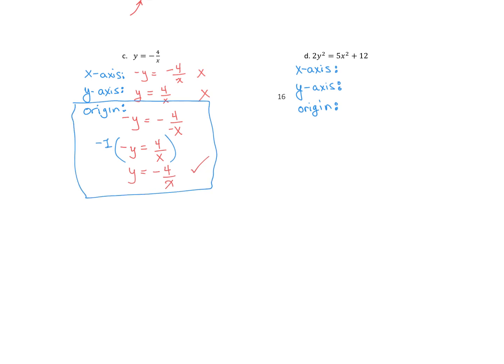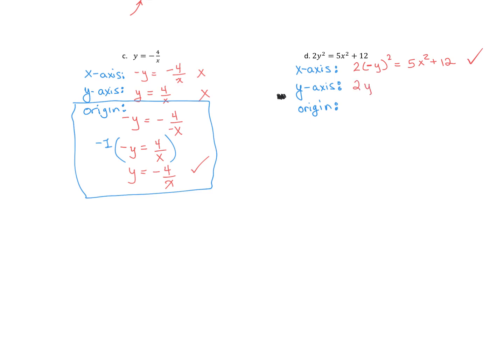All right, lastly, we have this equation, and we want to check for x-axis symmetry. So we will replace y with a minus y. And you can see that because I'm squaring a negative, it just becomes 2y squared again, and I do have x-axis symmetry.